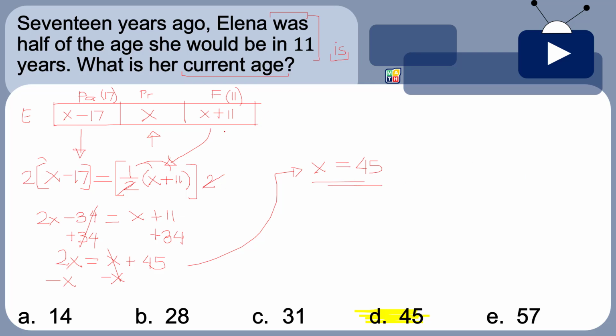Again, in 11 years, 56. In the past, you have 28. But this is what you were asked. My hint, again, before you construct a table representing timelines, especially for a word age problem, is to represent x as the present so that you can move easily to the past and to the future.